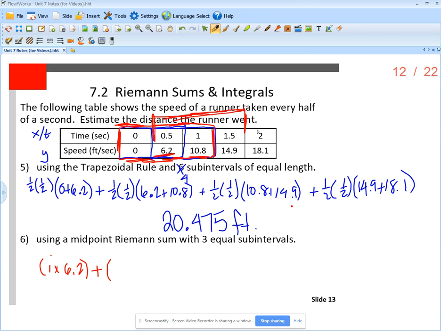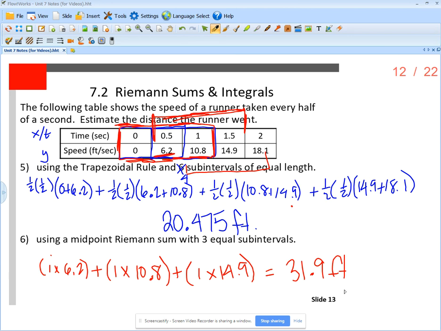So again, I need a span of 3 because I need that middle. My change in x is 1 there, and my height is 10.8. And last, looking at this last interval, 1 times that midpoint, 14.9. Multiply that all together, we get 31.9 feet.